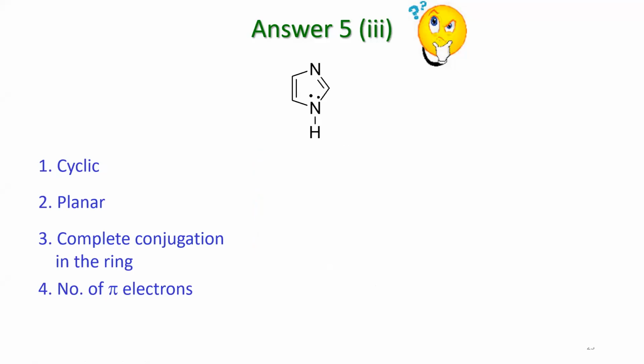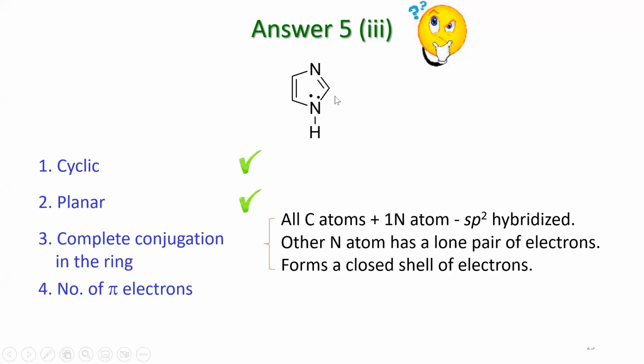So the next one, again, cyclic. You can see it is cyclic, right? And it is planar because it is a 5-membered ring. And complete conjugation: you can see now only this carbon and nitrogen are forming a double bond. This nitrogen has 2 single bonds, and the rest of the electrons are here as a lone pair of electrons on nitrogen, right?